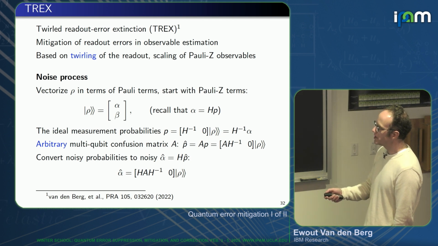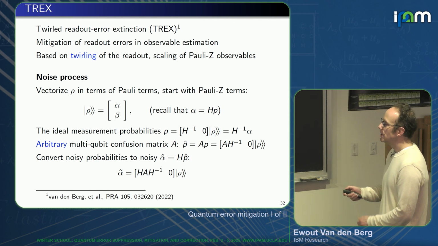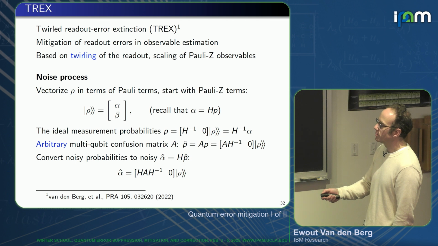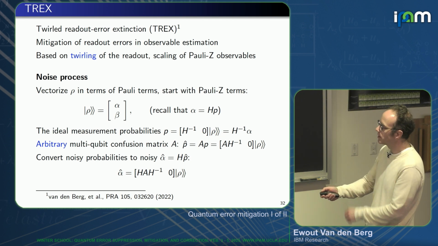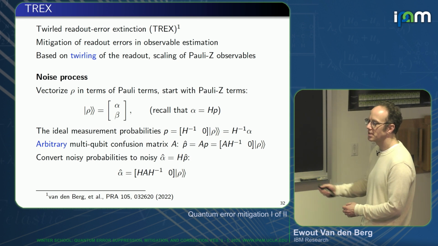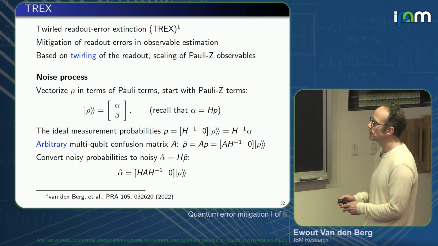So this alpha is some Hadamard times the probabilities. So the ideal measurement probabilities are H inverse times alpha plus 0 times the rest. We just ignore them. So now we have access to the probabilities based on the Pauli components of our density matrix.